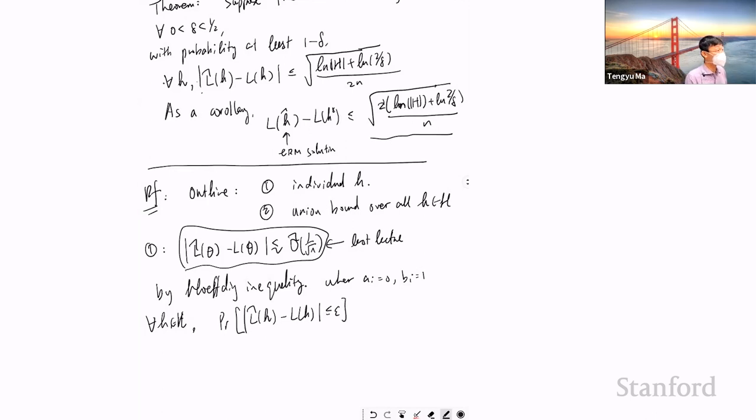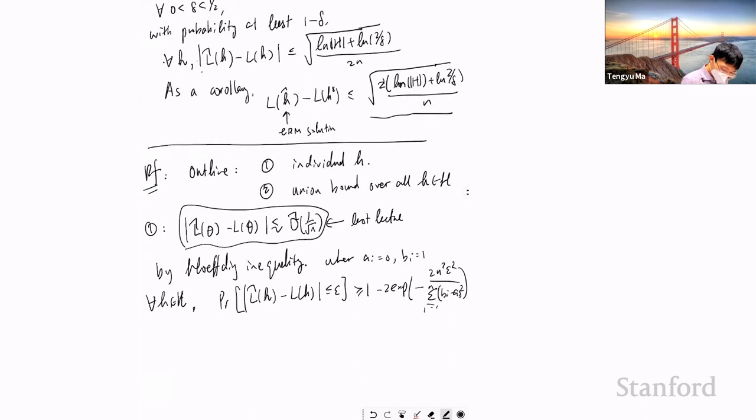And here what's random is the data set. The randomness comes from the data set, which goes into L hat. If you use the Hoeffding inequality, you get this is larger than 1 minus 2 times exponential of minus 2 n squared epsilon squared over the sum of (b_i minus a_i) squared. And because b_i is 1 and a_i is 0, the sum of (b_i minus a_i) squared is n. So you get 1 minus 2 exponential of minus 2n epsilon squared.